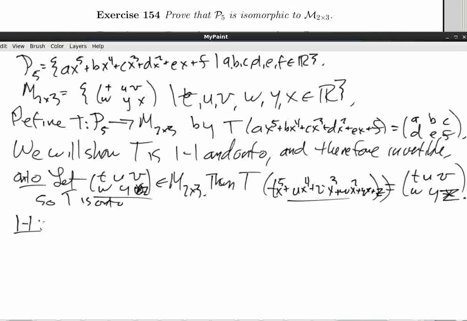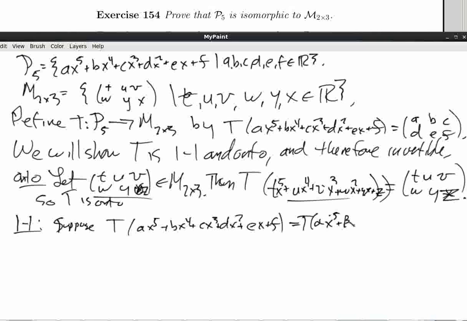And then one-to-one. Let's see. How do I show something's one-to-one? I'm going to assume that T of ax^5 + bx^4 + cx^3 + dx^2 + ex + f is equal to, oh boy, I'm going to turn to Greek letters here, alpha x^5 + beta x^4 + gamma x^3 + delta x^2 + epsilon x + phi.